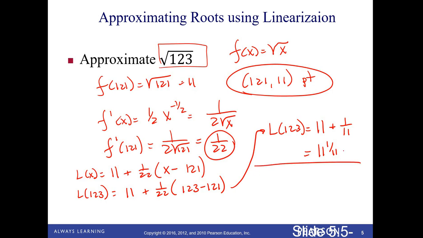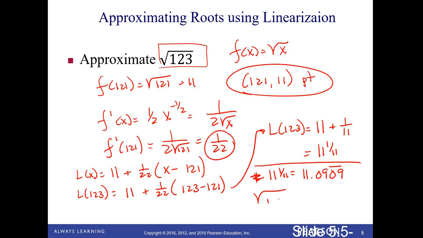So again, this is going to be very close to the square root of 123, and I can do it really easily without a calculator. If you want to check, 11 and 1/11 equals 11.0909 repeating.